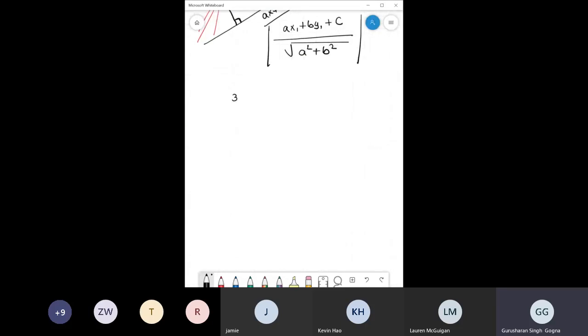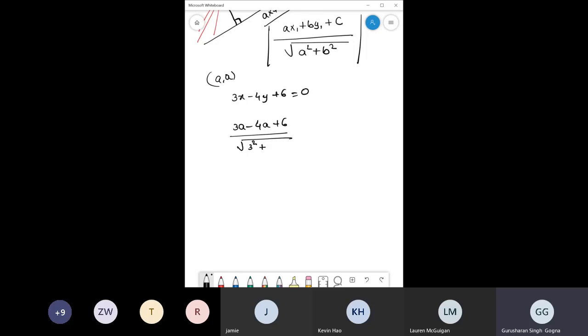So the equation is 3x minus 4y plus 6 equal to 0. If I substitute, we get 3a minus 4a plus 6 over the square root of 3 square plus... Now you have to be careful here. This sign is always plus.